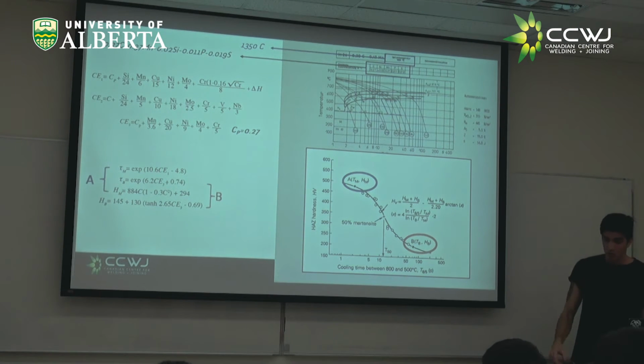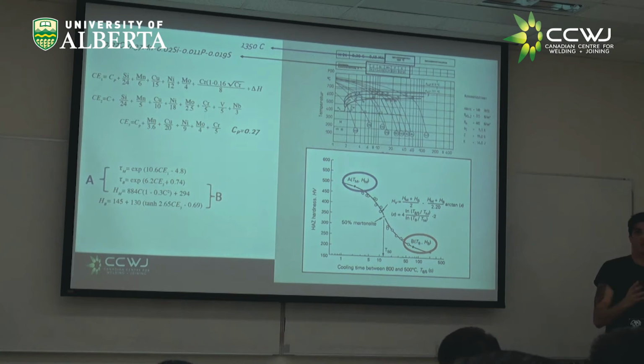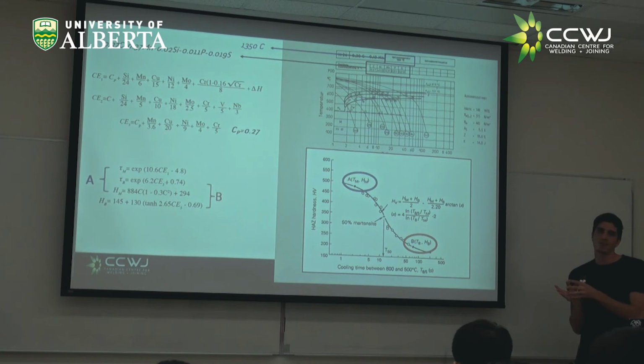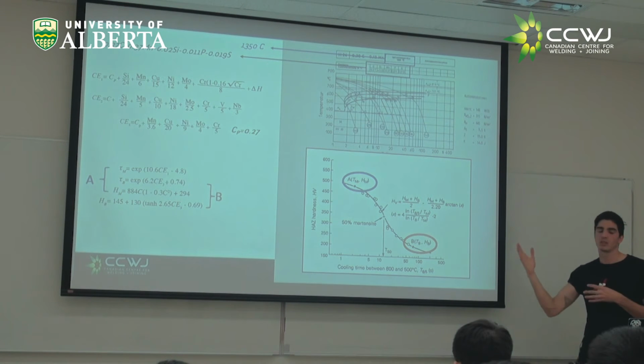So what are those equations? What do they have inside? They depend on the carbon equivalent, again. Basically, the carbon equivalent is what is going to give you the whole equation, right? But this is not as simple as one carbon equivalent. The authors define many carbon equivalents to use in many different equations.